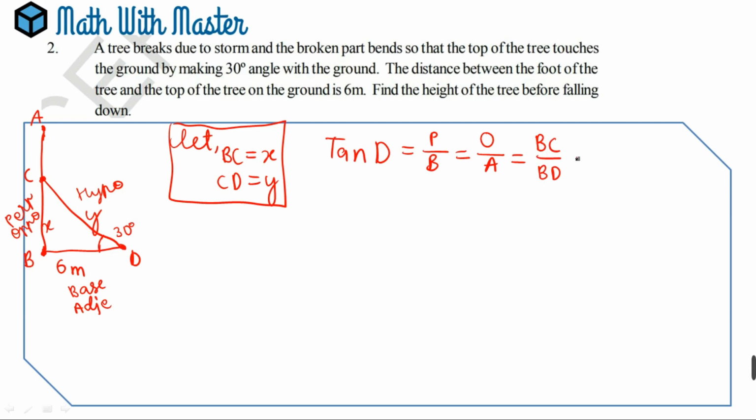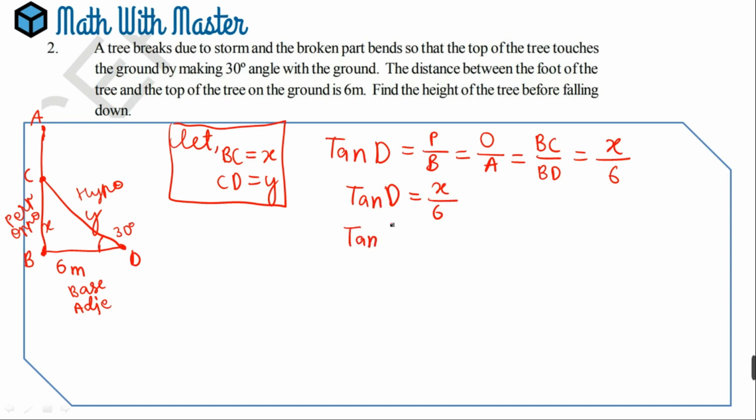So this is the value of tan D. Now we will put the values. What is BC? We have let BC as x, so this will be x upon BD, which is 6 meters. So tan D is equal to x upon 6.